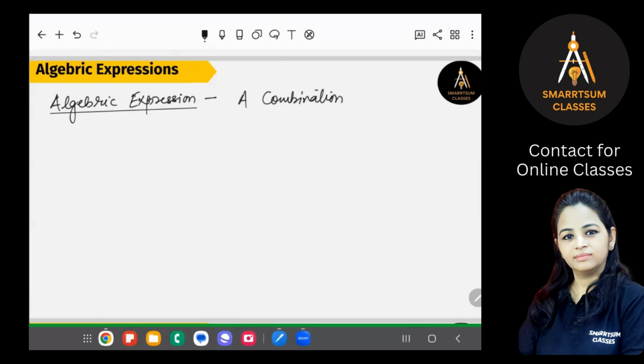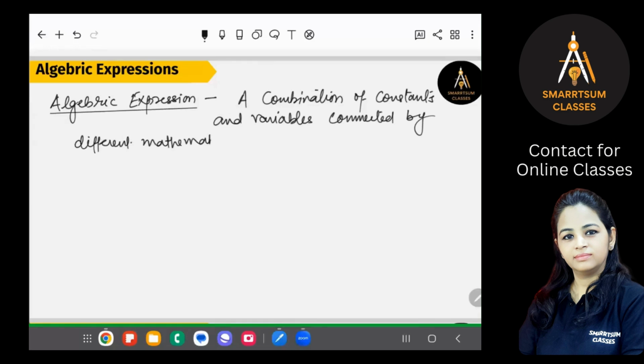It is a combination of constants and variables, constants and variables connected by different mathematical operations such as addition, subtraction, multiplication, or division.